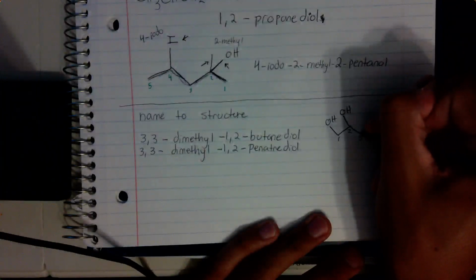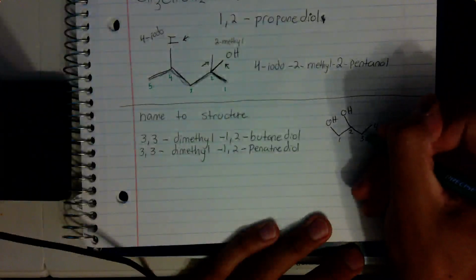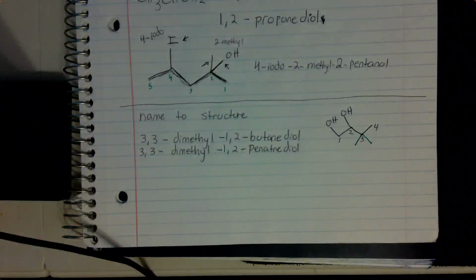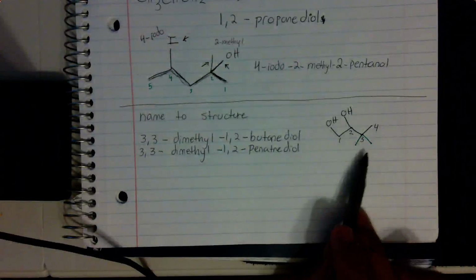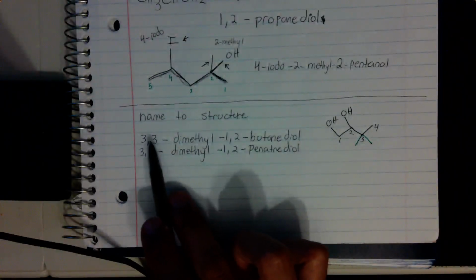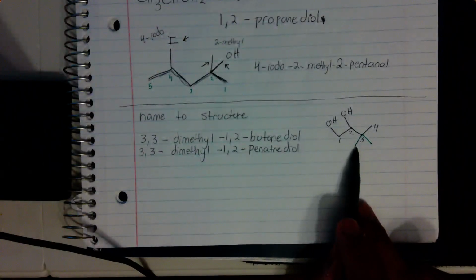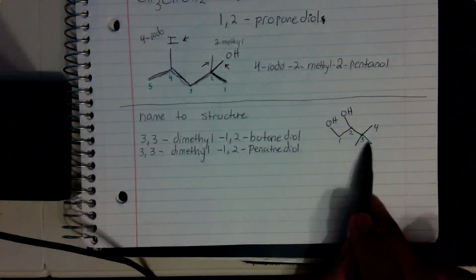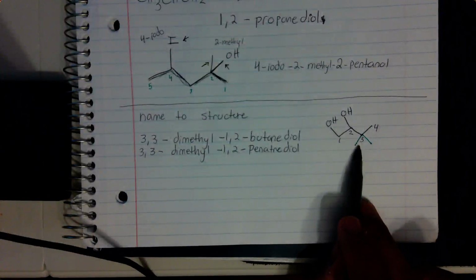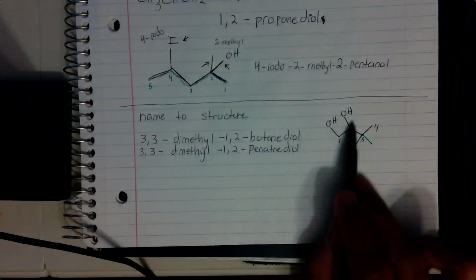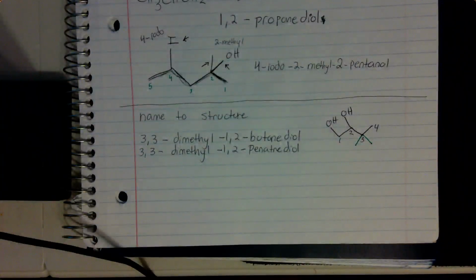And at the third position, okay, I have two methyls. So I have a methyl right here. I'll put them in green. There's one methyl, and there's another methyl. Here's how you read this. At the third position, I have two methyls, hence the 3,3-dimethyl. And at the first and second position, it constitutes my diol with those two alcohol groups.